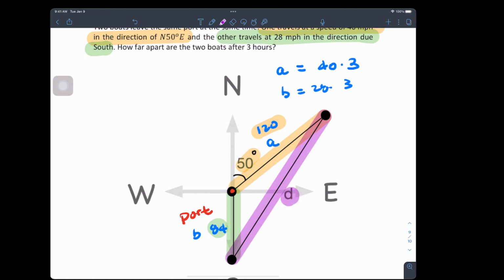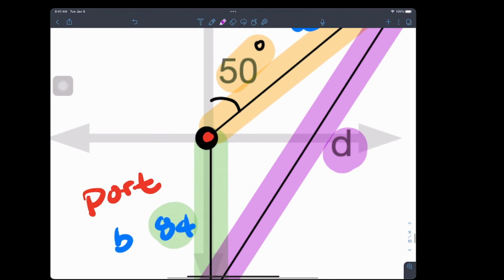They want to ask, that's the distance D, how far apart now? However, you need an angle right in here, don't you? Is it a right angle? Be careful. It's not a right angle.